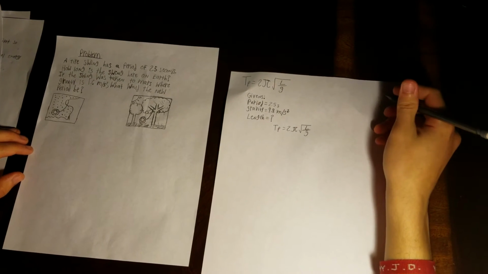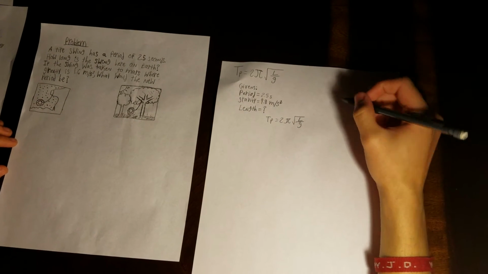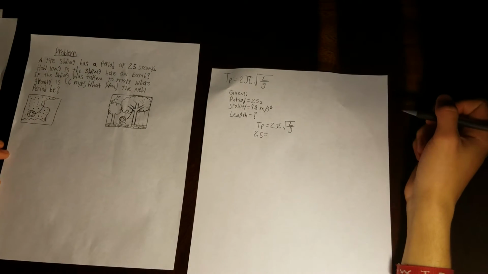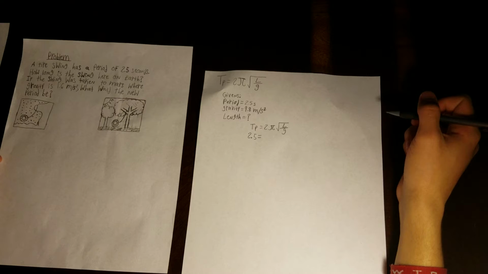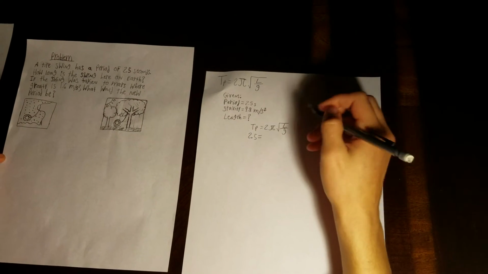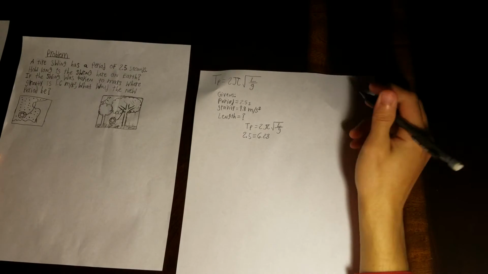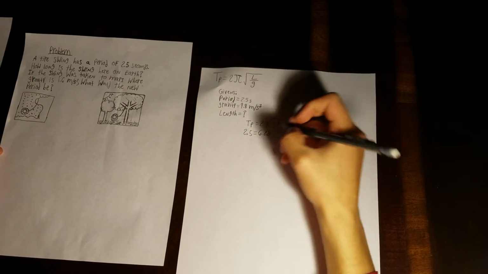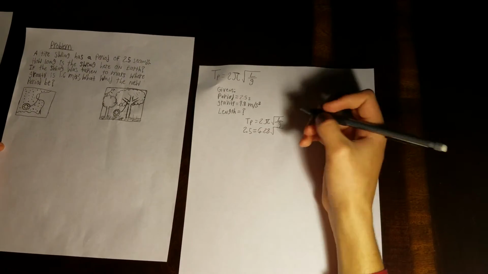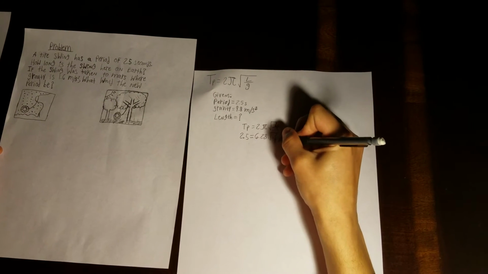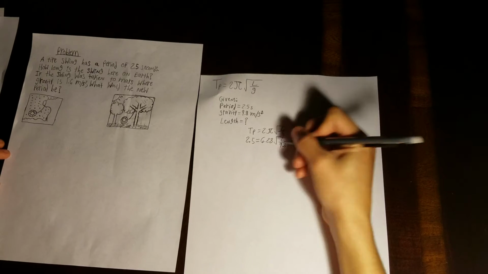So that would be 2.5 for T. Then we'll do 2 times pi, which will be 6.28. Then we put times the square root of L over 9.8.